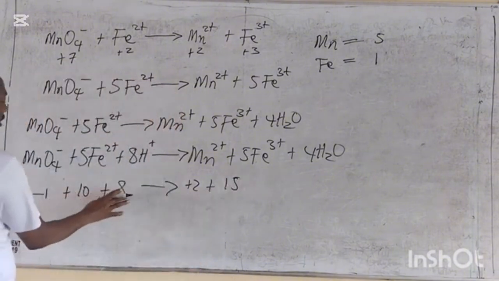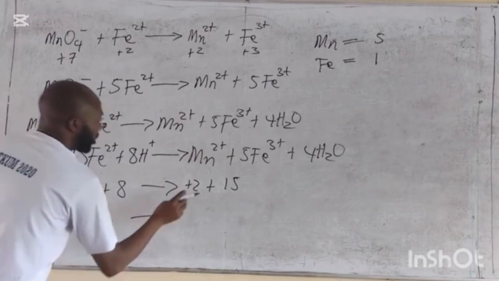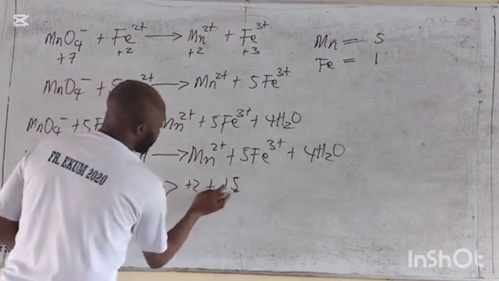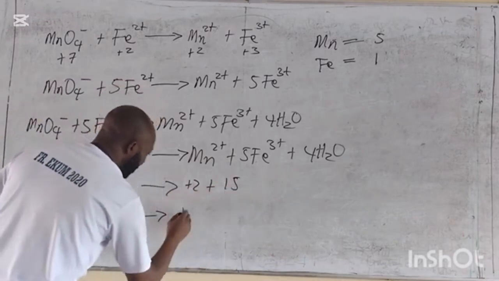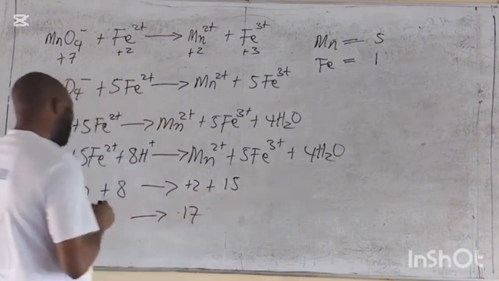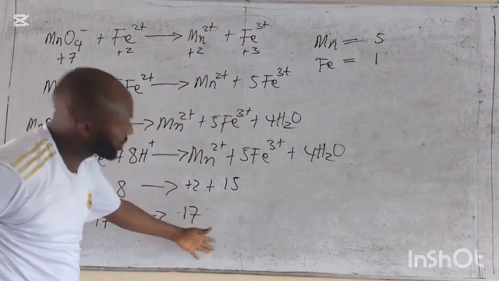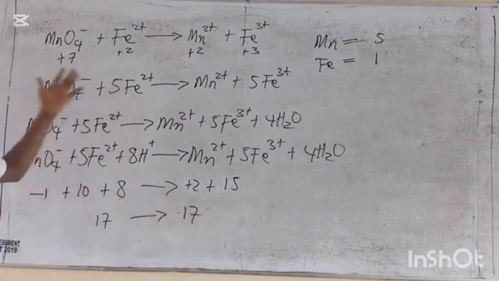Now, 10 plus 8 is 18, minus 1, I have 17. Plus 15 plus 2 is 17. So I have plus 17. So now we say the equation is what? Balanced, because the left hand side is 17 and the right hand side is 17. So the redox equation is balanced.